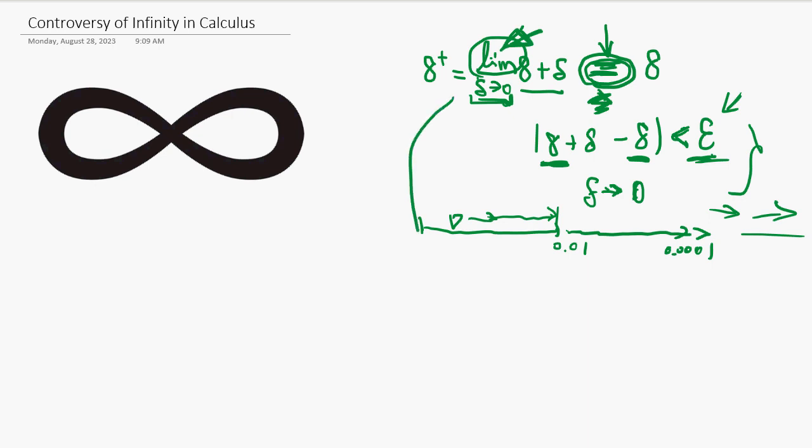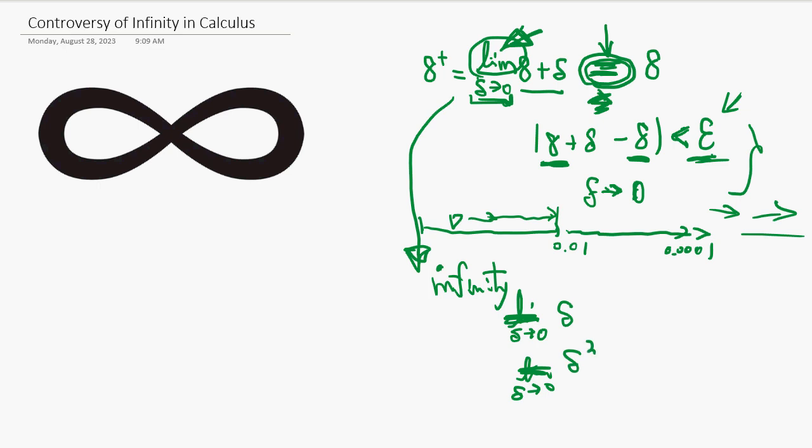And the problem with this limit is that it includes infinity, the concept of infinity. The concept of infinity is very confusing, and people are very annoyed by it. For example, say the limit as delta goes to 0 of delta, and the limit as delta goes to 0 of delta squared.